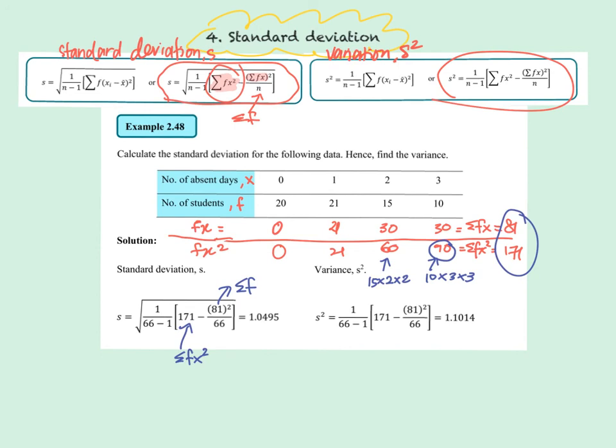And then you square root the final answer, you're going to get 1.0495. Please remember, 66 is actually the cumulative frequency. Where do you get this value? It's over here, cumulative f: 20, 21, 41, 51, 66. And then for variance, S squared, you don't have to square root the value, so you're going to get 1.1014.